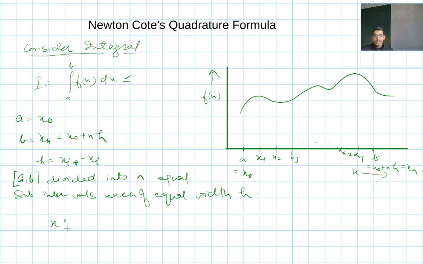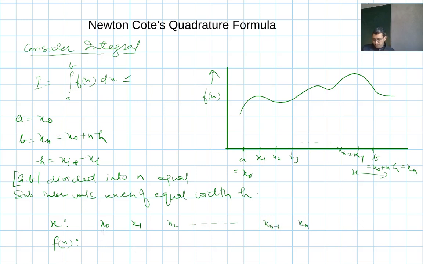So the values of x which we have taken are x naught, x1, x2 and so on, xn minus 1 and xn.